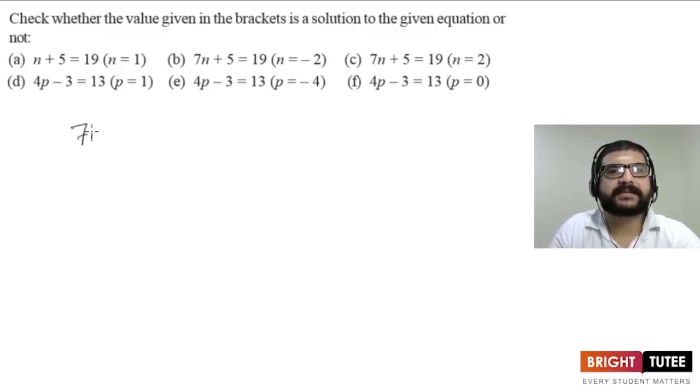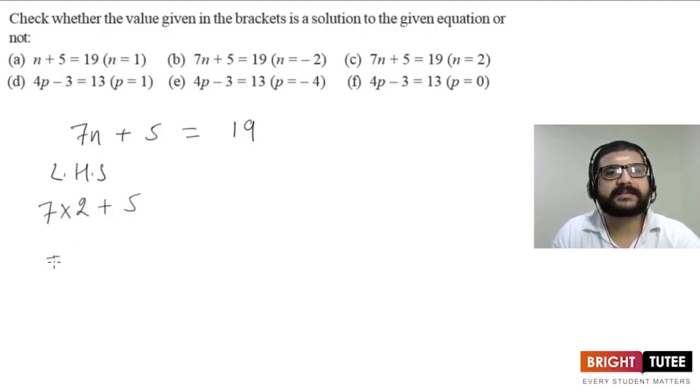So we have 7n plus 5 is equal to 19. Now let's simplify the LHS first. So LHS will become 7 into n, and the value of n is 2. So it will be 7 into 2 plus 5. So this becomes 14 plus 5.